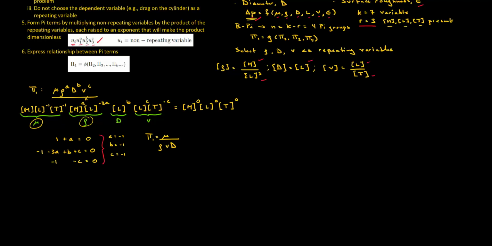It actually looks really familiar to the Reynolds number, right? However, it seems to be inverted for some reason. And that's fine. It doesn't change anything. We can actually just express this in its more conventional form of rho v d over mu, which is our Reynolds number.